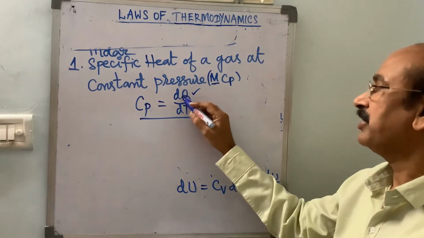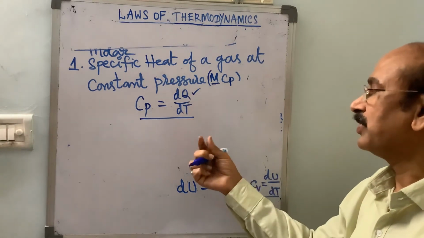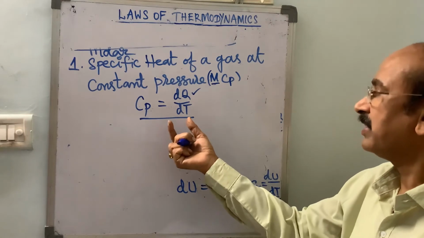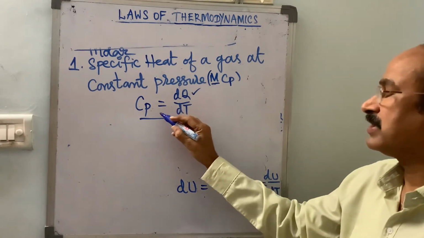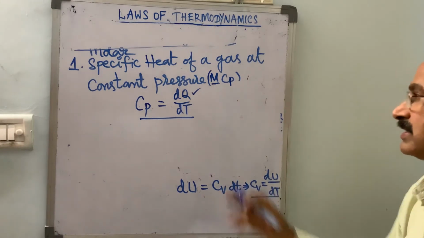That is, dq is partly utilized to increase the temperature and hence the internal energy, and the remaining part is utilized to do some work.